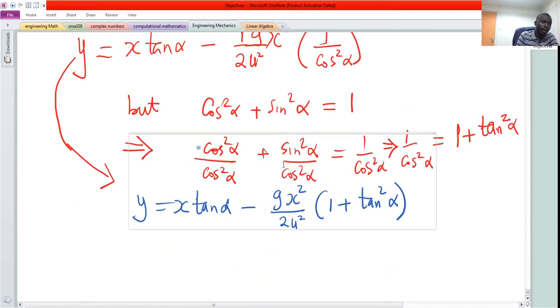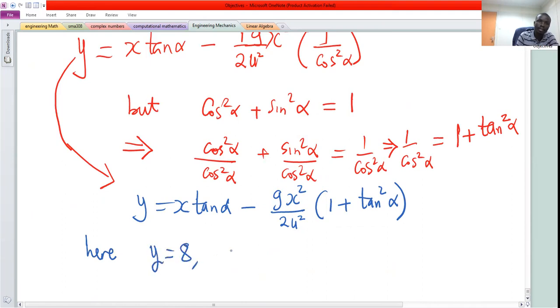So we say here, y is given as 8, x is 32, g we know is 9.8, and then u is given by 28. So that's the information we have.